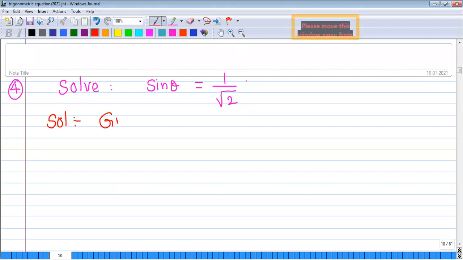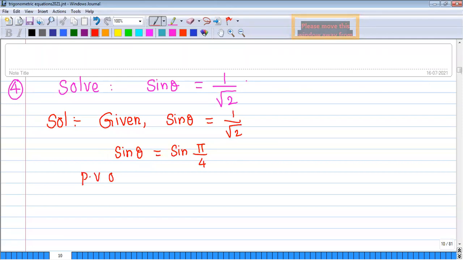Now, given sin theta equals 1 upon root 2. So sin theta equals sin 45 degrees. In radians, we can write sin pi by 4. Principal value of theta is alpha equal to pi by 4.